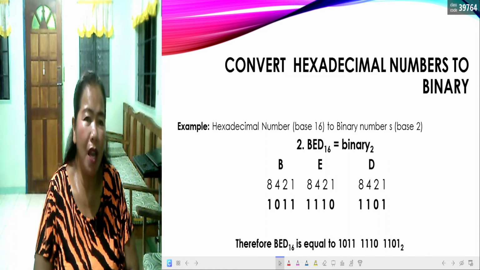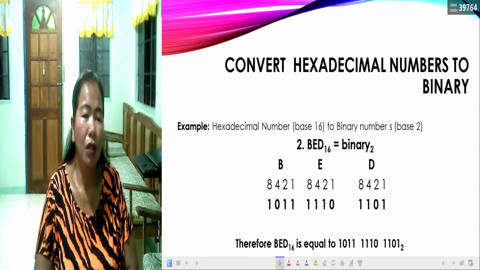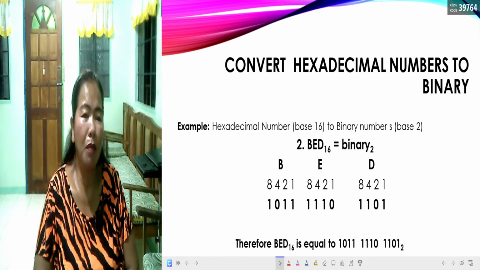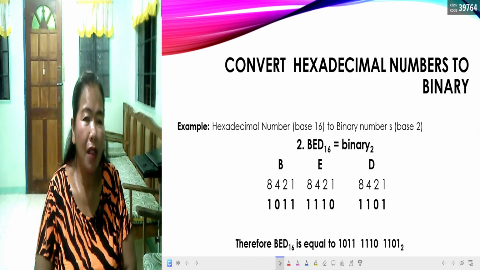So as of this time, B is 11, E is 14, and D is 13. So therefore, to get 11 out of the multiplier equivalence, you need to have 8 plus 2 plus 1.